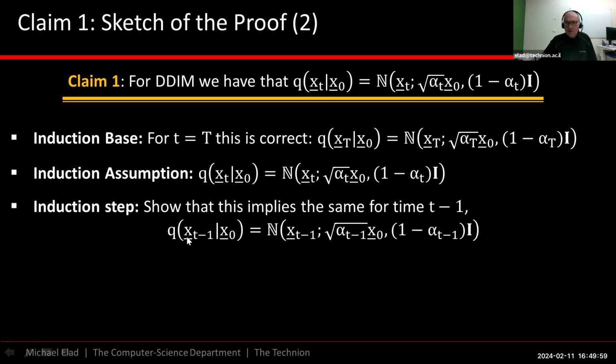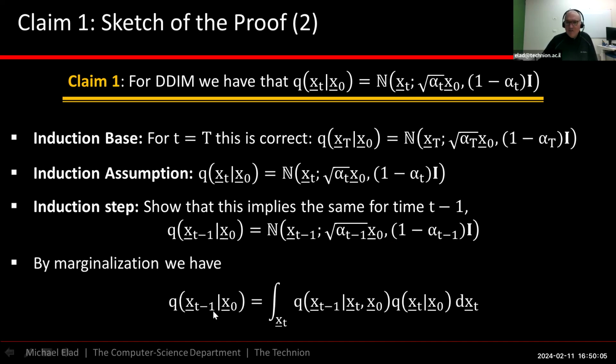This conditional, XT minus 1 given X0, can be written with marginalization. Look at it. This is the expression of XT minus 1 given X0, just like here, but also given XT, multiplied by all the XT's given X0, and then you integrate over XT. This is marginalization in its classical form. And by doing that, you end up with this probability that we are so much interested in.